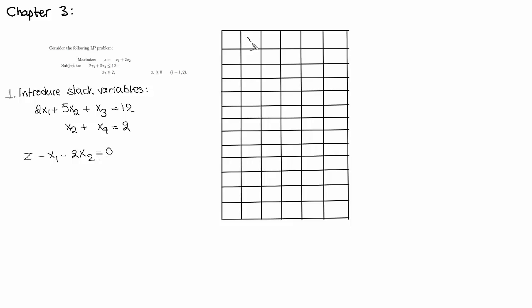So we're going to have x1, x2, x3, and x4. This is where we put the basic variables. And these are the resource values.